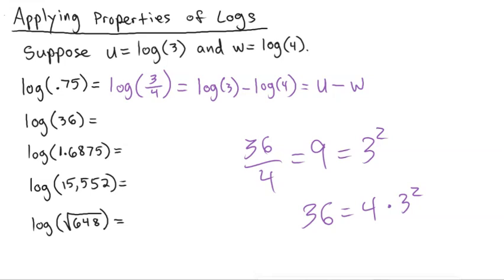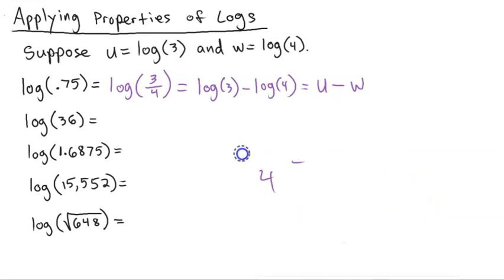So if we do that, let me erase this and make some space. Then we can break it up into u and w. We're going to say that this is the same thing as log of 3 squared times 4, because 3 squared is 9, and 9 times 4 is 36.